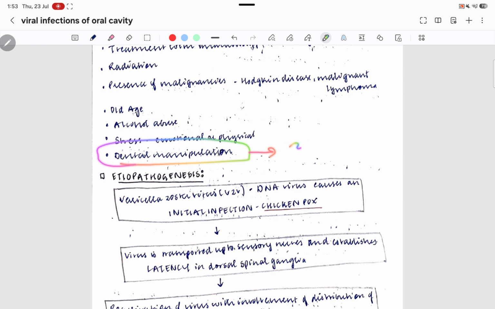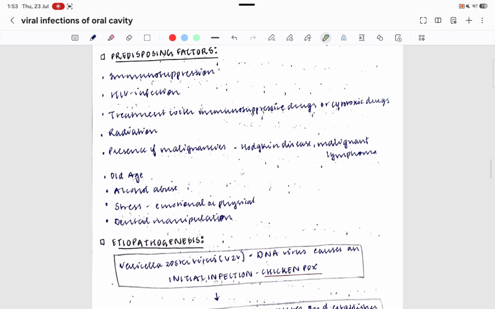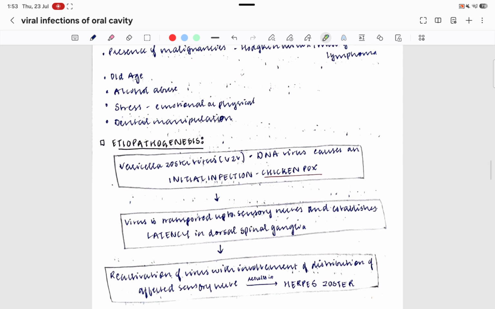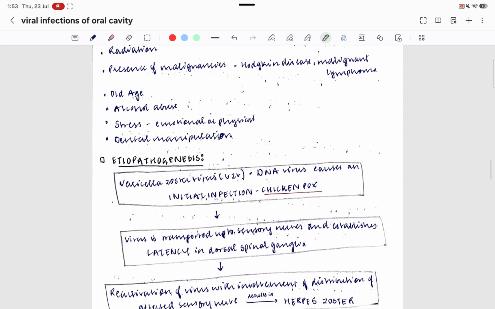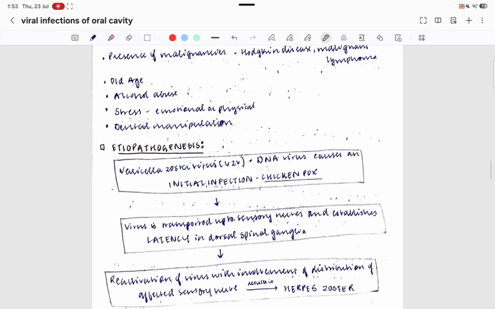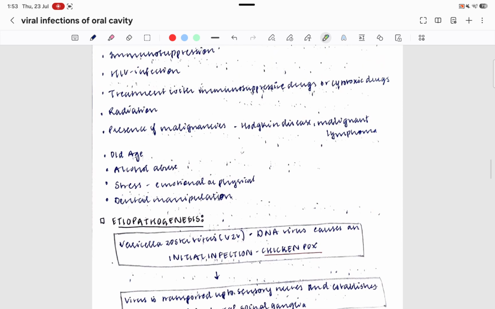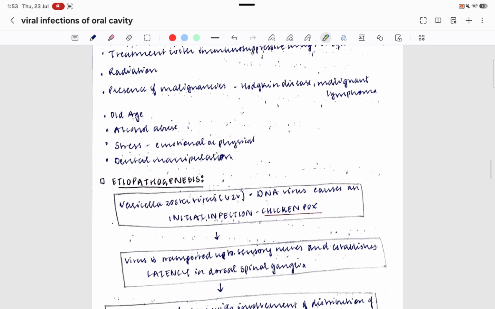We are going to read it in detail because it has something related to us. Dental manipulation is an important predisposing factor, as in trauma occurring while doing a surgery.